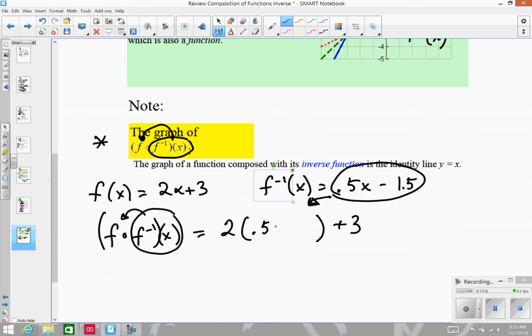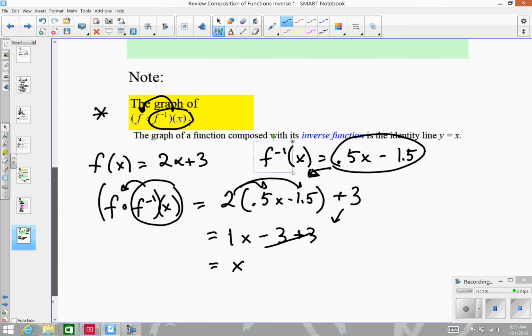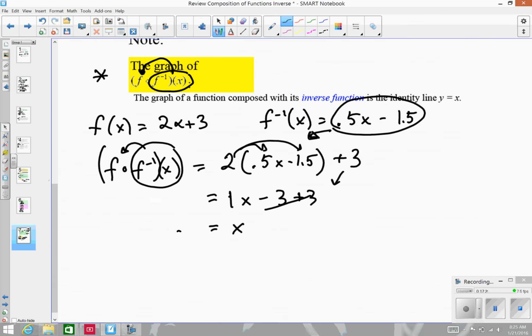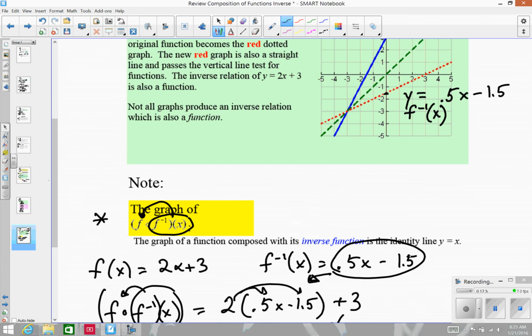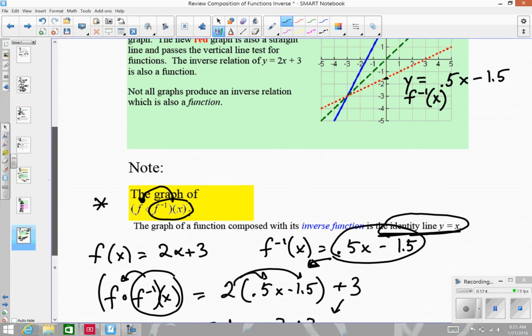That would be 0.5x minus 1.5, which gives me, when I distribute here, 2 times 0.5 is 1. 2 times a negative 1.5 would be negative 3. And then I bring down my plus 3, which equals, these will cancel, and I have x. This essentially gives me that y equals x line, which is my identity line. So if I take f of the inverse function of x, I get this identity line y equals x.